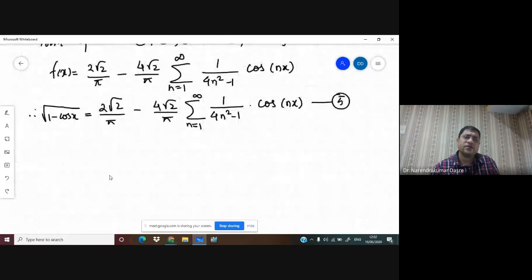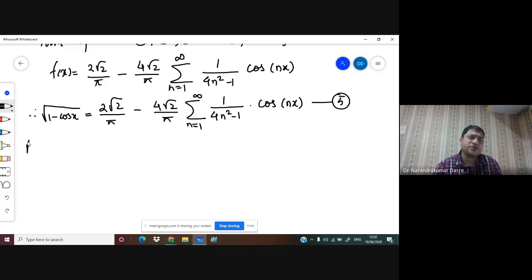You can see this is the series I want. And if we want this series, then this term has to be 1. When is it possible that cos of nx is going to be 1 for all n? It is easy: if I put x is equal to 0, then all the terms will be cos 0, and so it will be 1.